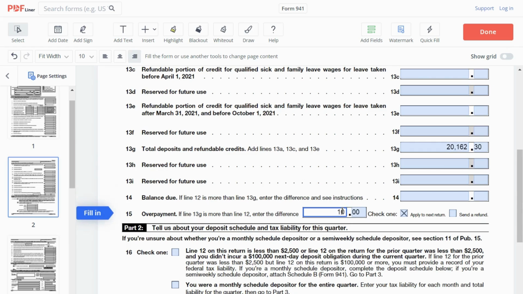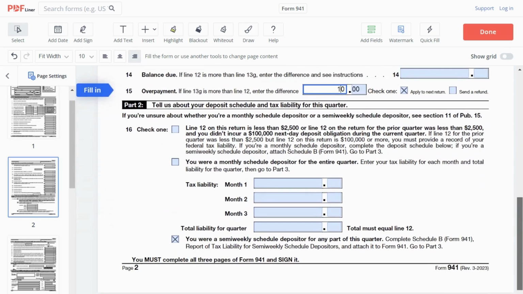If you have an overpayment, write the amount on line 15 and specify if you want the IRS to apply it to the next return or to send it as a refund. In our case, we overpaid $10 and will apply them to the next return. Once you calculated your taxes, move to Part 2 to provide information about your deposit schedule and tax liability.